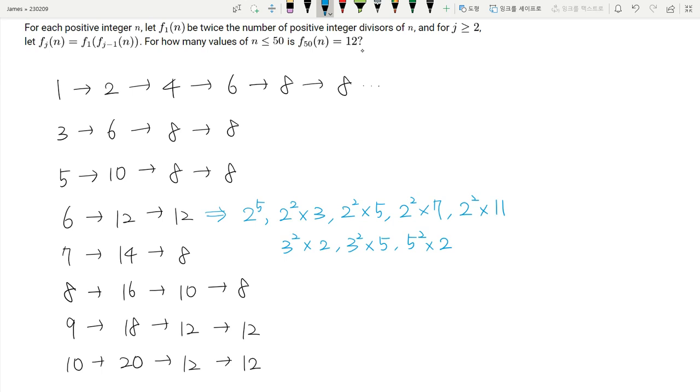And if a number has 9 factors, 9 times 2 is 18, and 18 has 6 factors, so that becomes 12. So that's the case we want. And if a number has 10 factors, 10 times 2 is 20, and 20 has 6 factors, so 6 times 2 is 12.